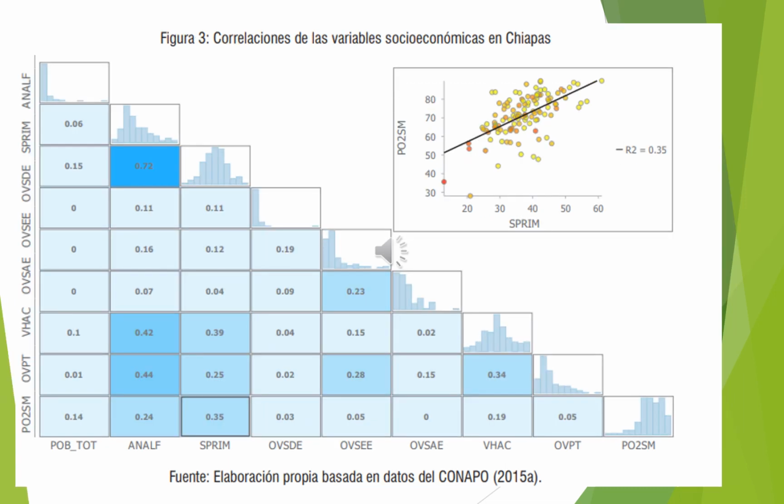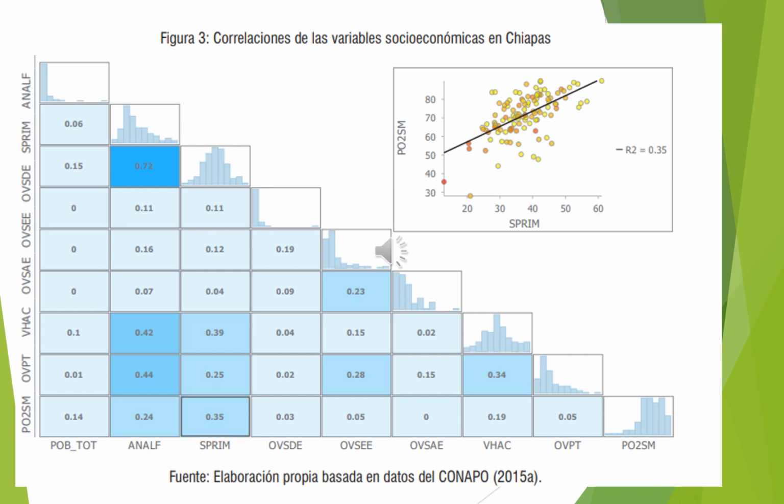Figure 3 relates the socioeconomic variables for the state of Chiapas. In this state, there is a strong positive correlation between the percentage of illiterate population 15 years of age or older and the percentage of population without completed primary education 15 years of age or older, displaying 72%.